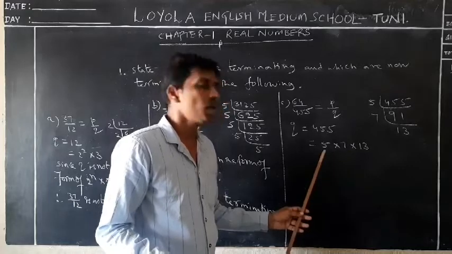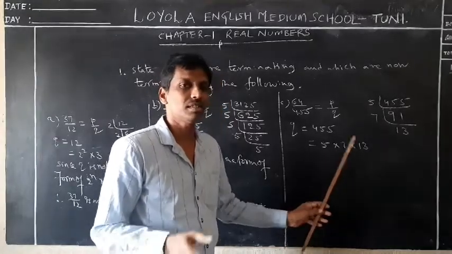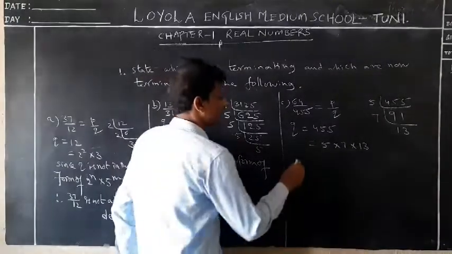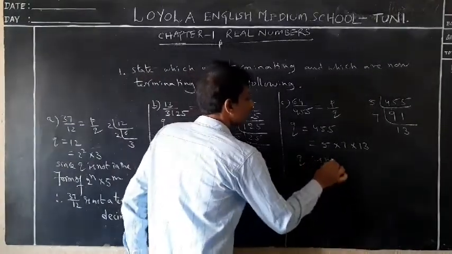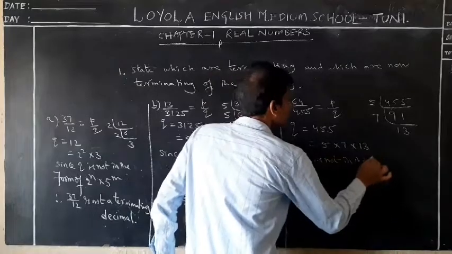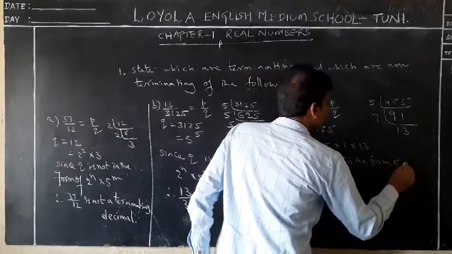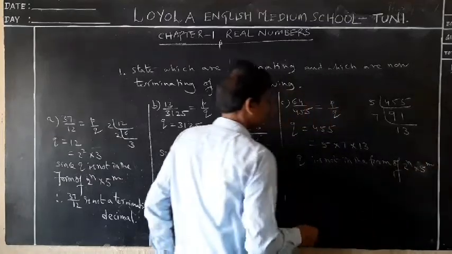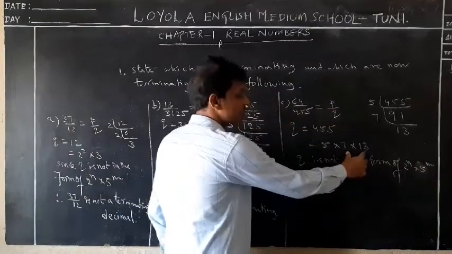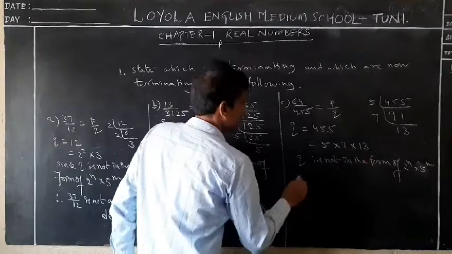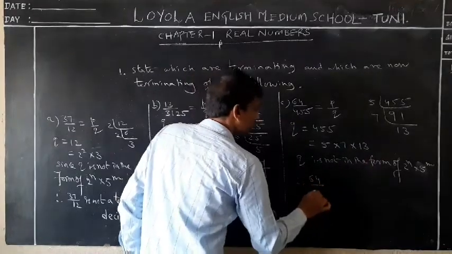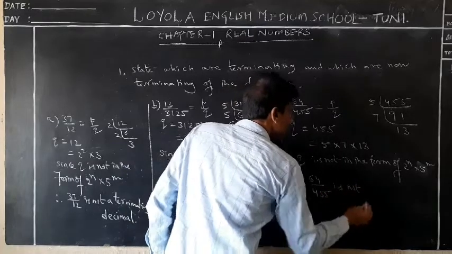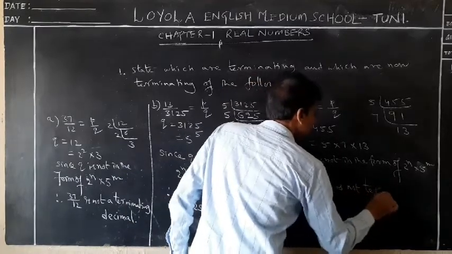But unless 2 and 5, if any other numbers are present, it is very clear it is not a terminating decimal. q is not in the form of 2 power n into 5 power n. Why? Because of the presence of 7 and 13. Therefore, 64 by 455 is not terminating.